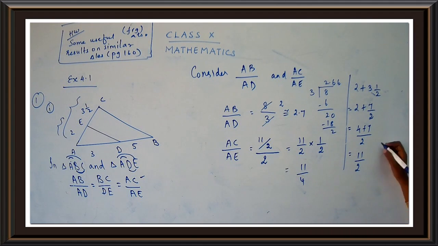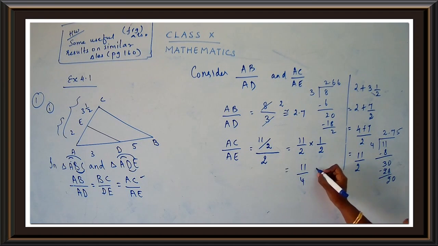And what do you get here? 4 2s are 8, 0, 4 7s are 28, 4 5s are 20. So it's approximately 2.8. So they are not exactly equal. You put here approximately 2.8.